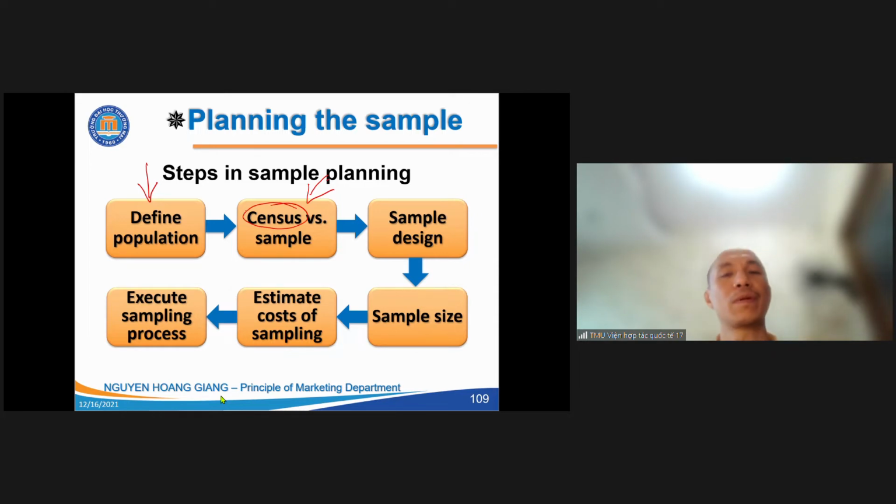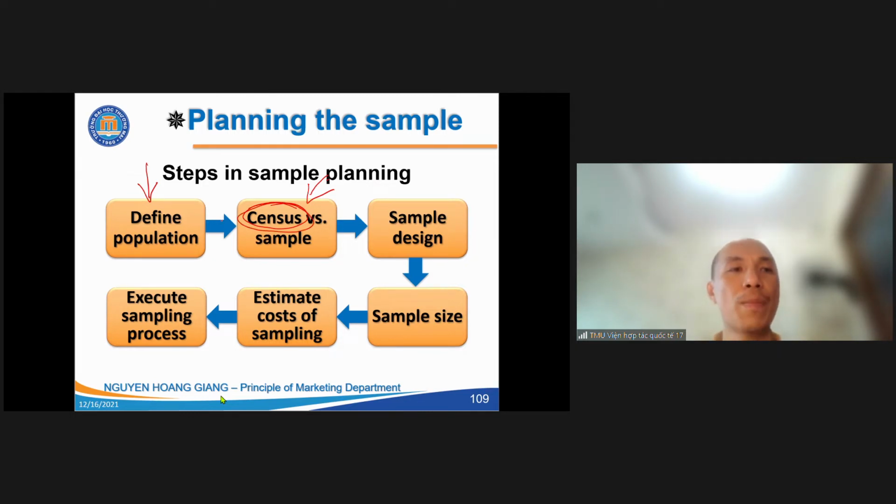But if we think about how Thương Mại University thinks about the marketing subject, then I think that now there are about 20,000 students in Thương Mại University. Then it's very difficult for us to do the census.